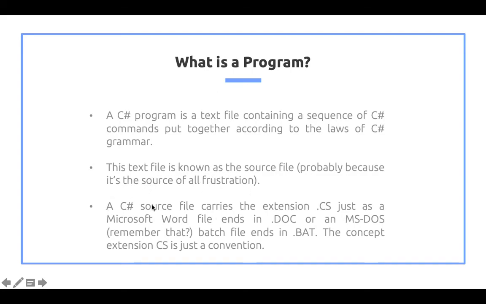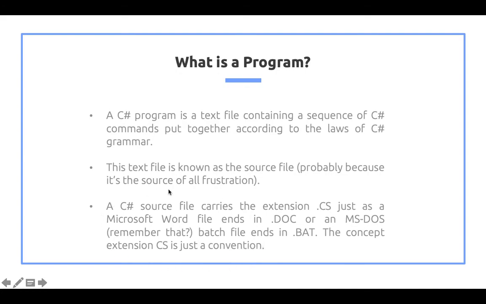So a C# source file carries the extension .cs, just as a Microsoft Word file, for instance, uses the file extension .docx, or an MS-DOS command file, a batch file, ends with .bat. So the extension .cs is just a convention.